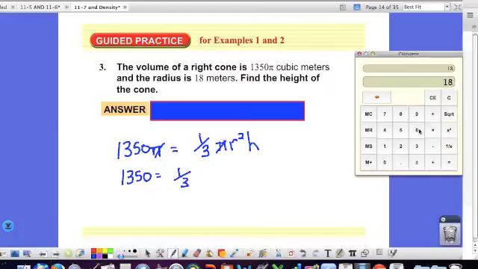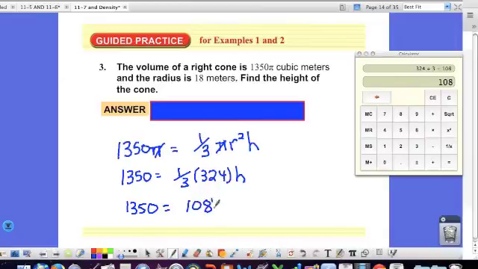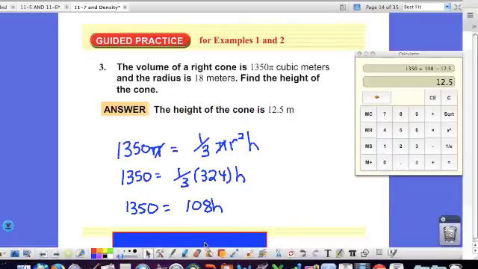So 18 times 18 is 324 times the height. 1/3 of 324 is 108. So 1,350 equals 108 h. 1,350 divided by 108, h equals 12.5. So the height of this cone is 12.5.